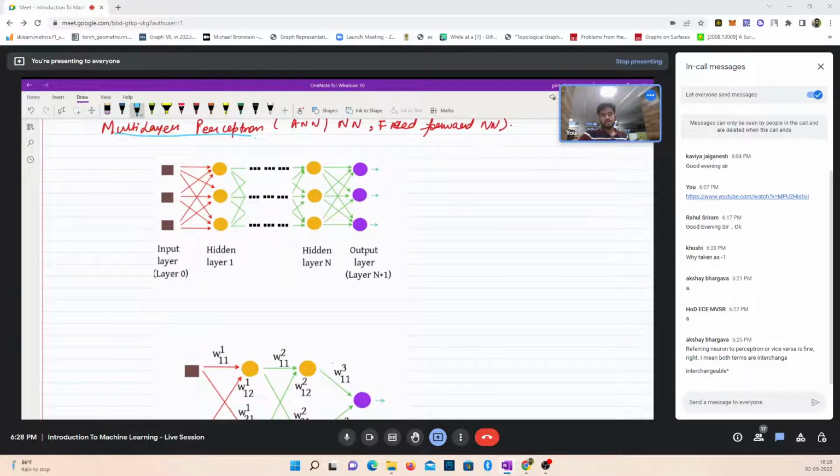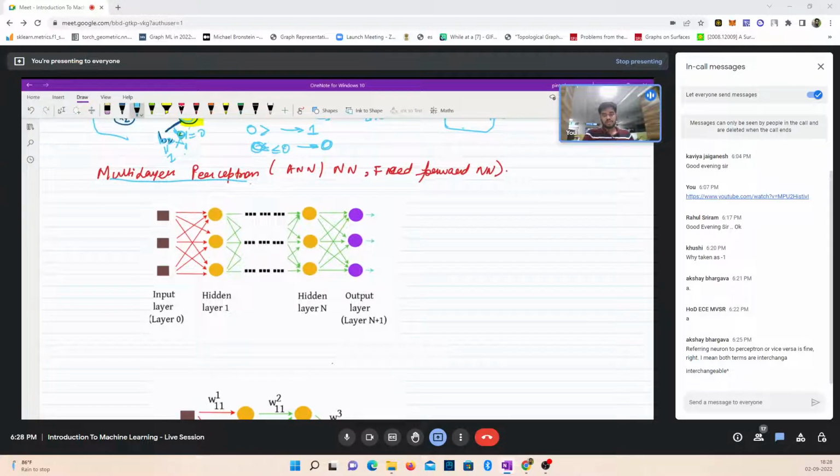Now coming to a generic framework of a neural network. We have some input layers, which are then connected to the next layers, so this is a fully connected feed forward neural network. Every neuron is connected to every neuron in the next layer, and we'll have an associated weight with them.